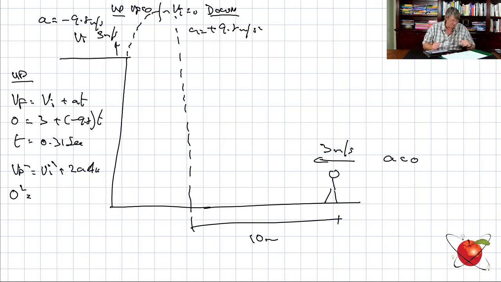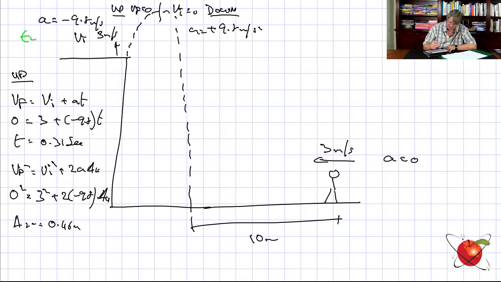How high did it go? It's 0 equals 3 squared plus 2 times minus 9.8 times delta x, and you find delta x is equal to 0.46 meters. So now I can go back to my diagram, and I can say, right, time up was 0.31, and height was equal to 0.46.